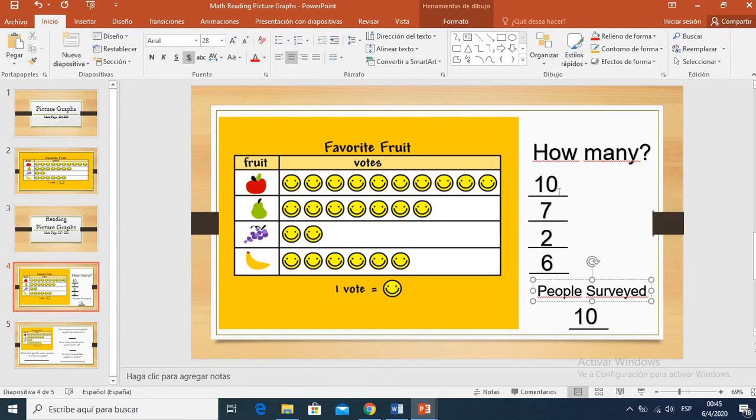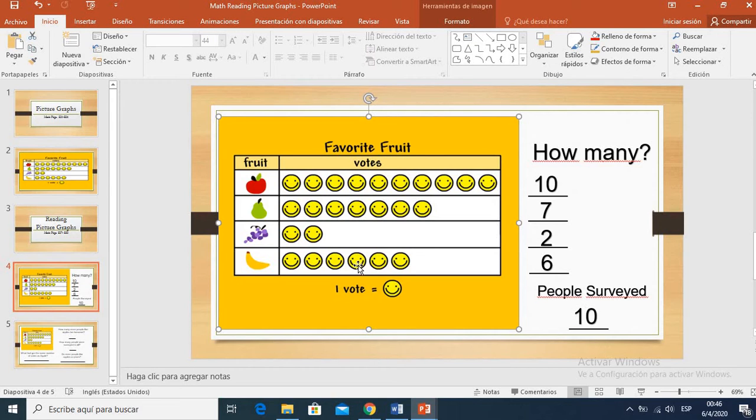So, if I know that 10 people like apples, I will not count one by one again because I already know that 10 like apples. But then I add 7, so I count after 10. 11, 12, 13, 14, 15, 16, 17. I continue. 18, 19. And I continue.